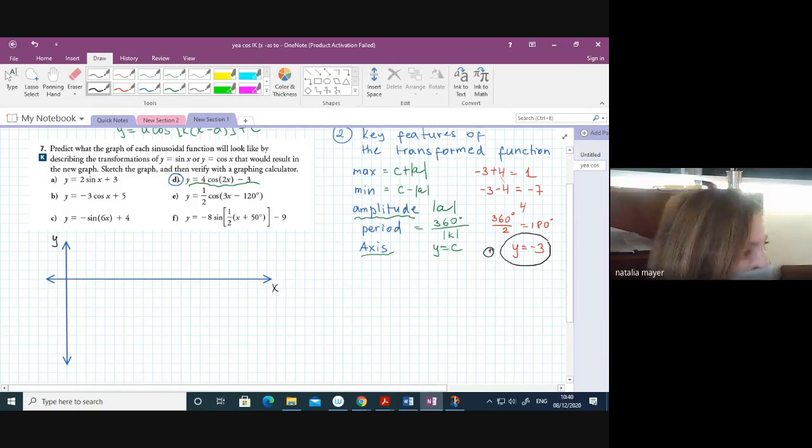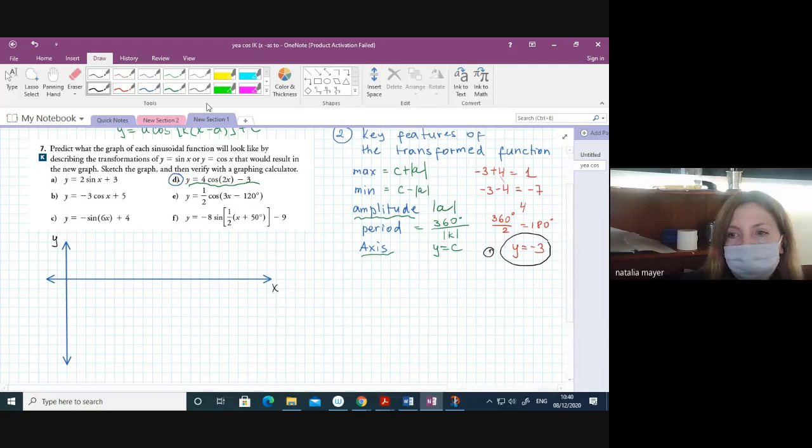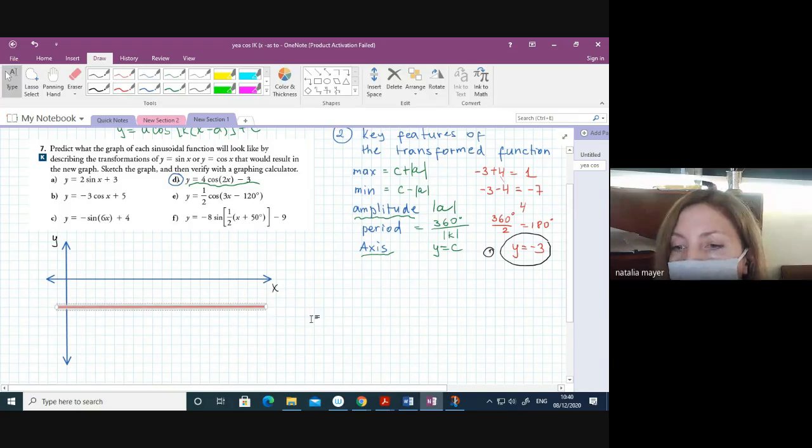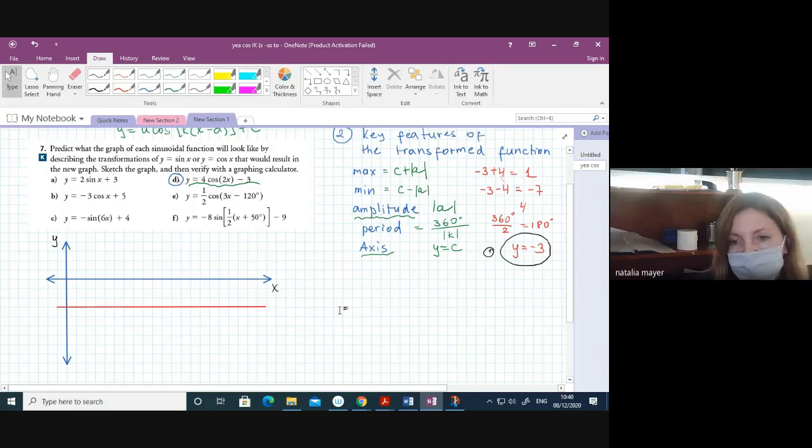It really helps you think about the function, okay? So let's sketch the axis y equals -3, and label it. So the requirements stay the same, like all the key features of the function have to be labeled on the graph. Y equals -3 is the axis.